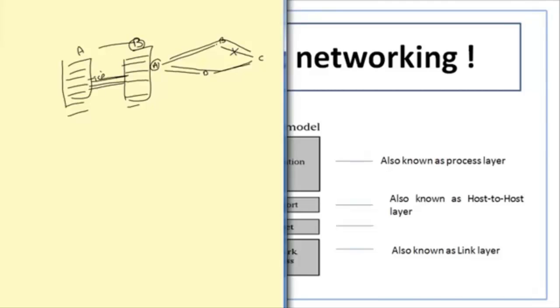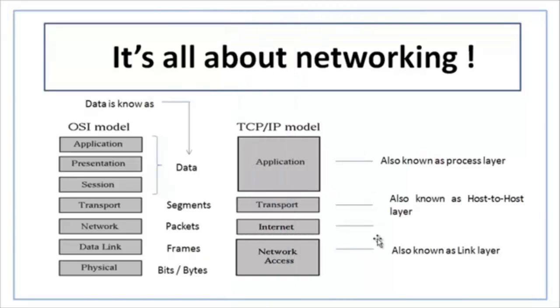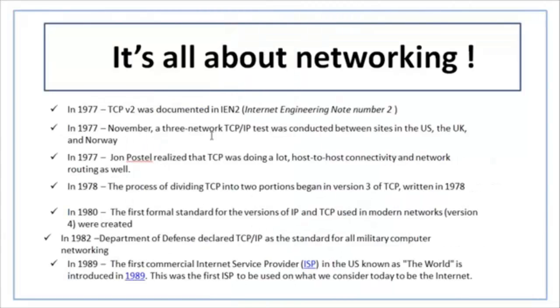So John Postel found out that TCP was doing a lot of work, and in 1977 itself, they started working on tearing down TCP.